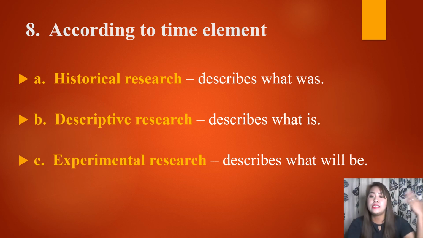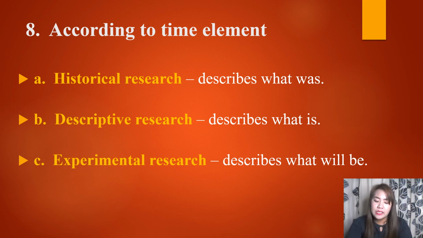Okay, it will describe this situation. For historical research, it will describe the situations, the events that occurred from the past. For descriptive research, it describes what is. Okay, so that is present.